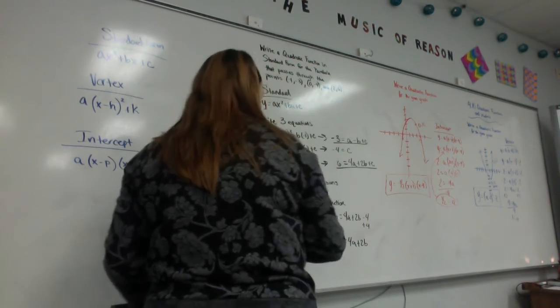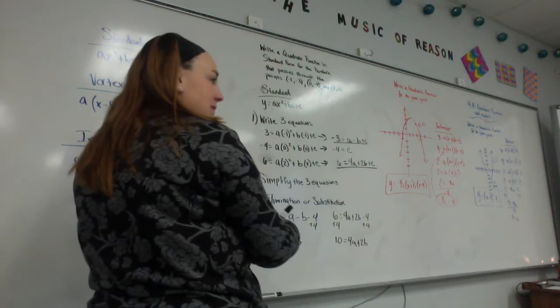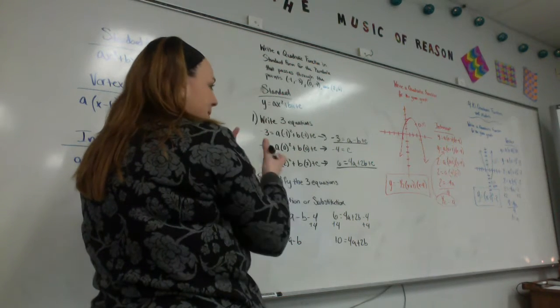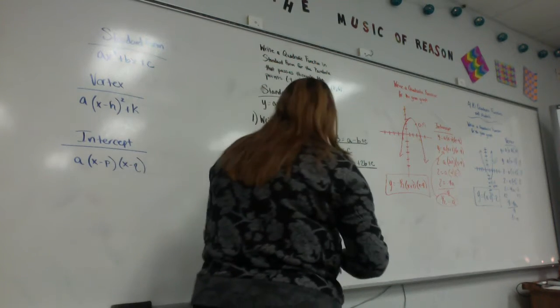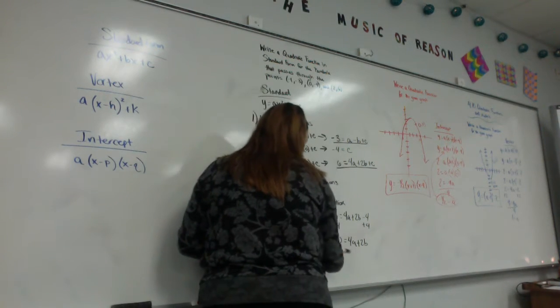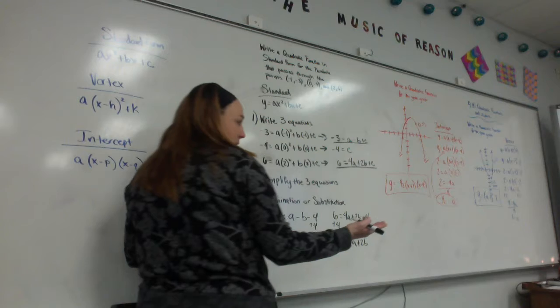This is where you do elimination. Now I'm going to do elimination. So step 3 is a combination of substitution and elimination. Now, what do you want to get rid of, the A or the B? It doesn't matter.